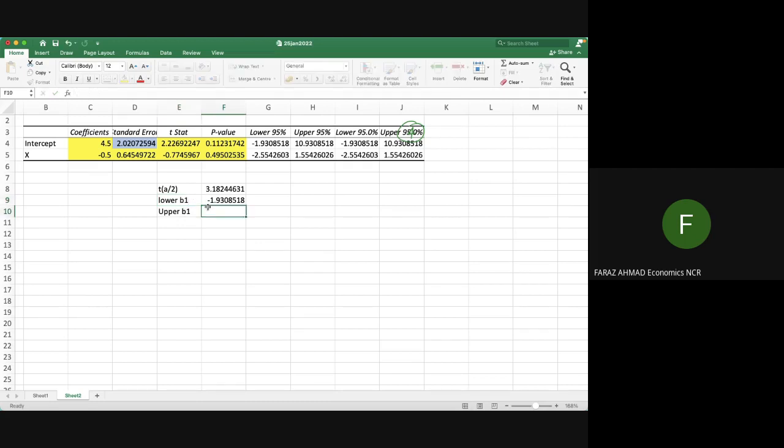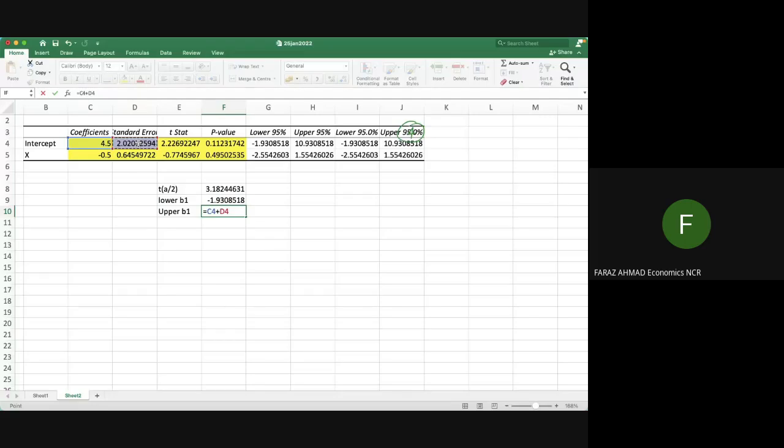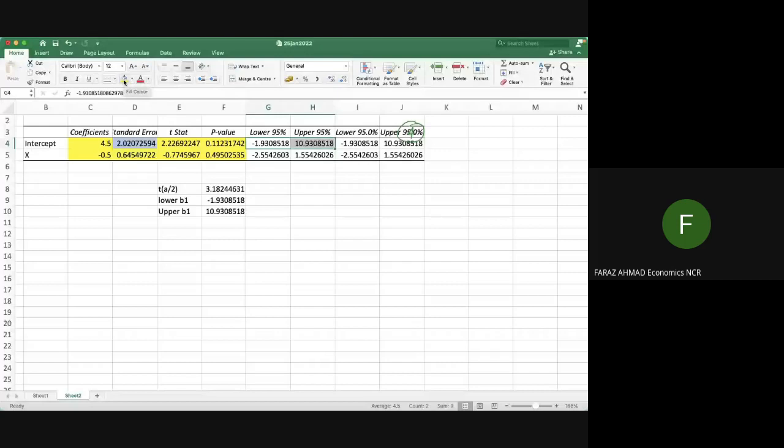So this is the upper limit of beta 1. The upper limit will again start with the value of the statistic, beta 1, which is 4.5, and this time I'm going to add the product of standard error times T alpha by 2, which is 3.182. So we got 10.93. 1.93 and 10.93 are indeed the lower and upper limits of the 95% confidence interval for beta 1 hat.